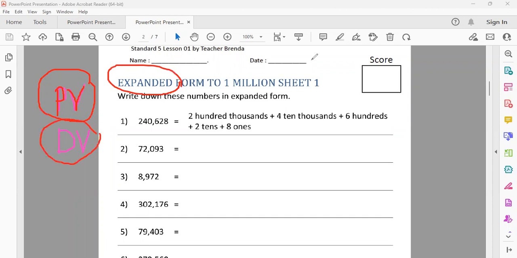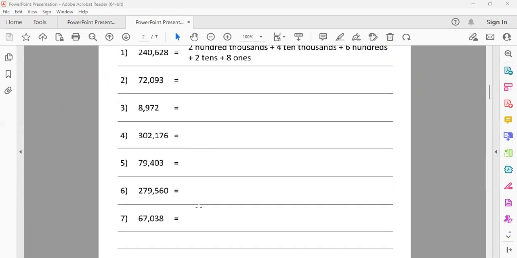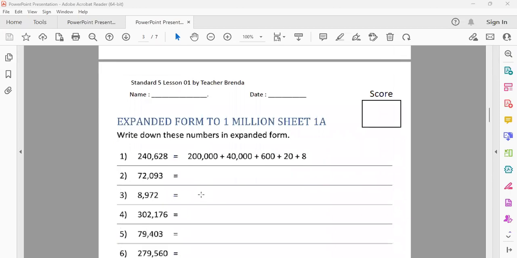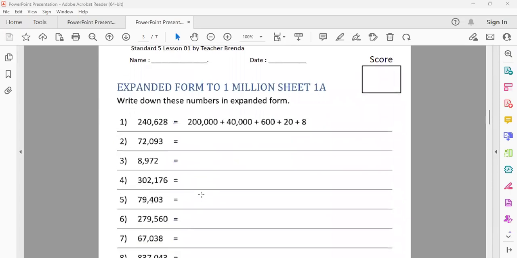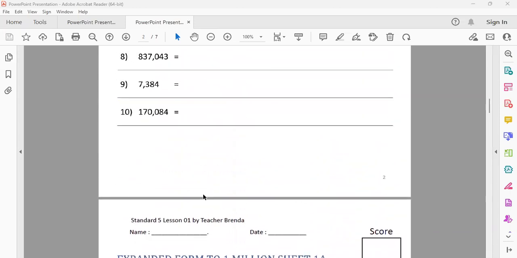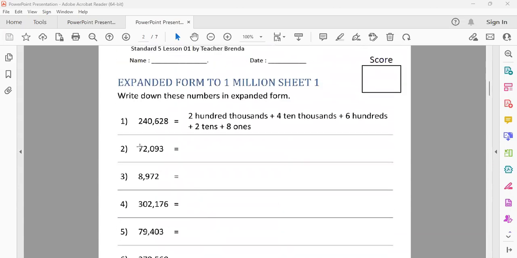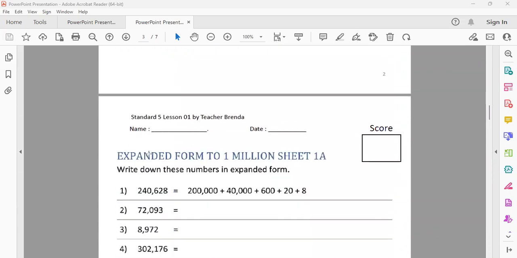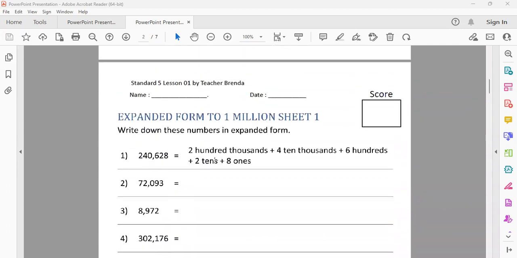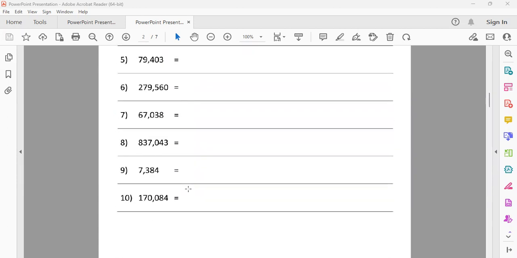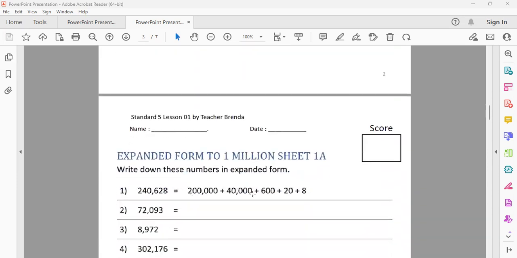Now, if you look at your module, page 2, and compare it with page 3, you will find the difference automatically. The same question, 240,628. Look at the way the answers are written out here, and look at the way the answers are written out here.